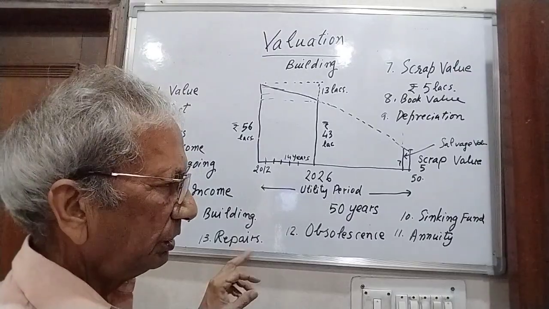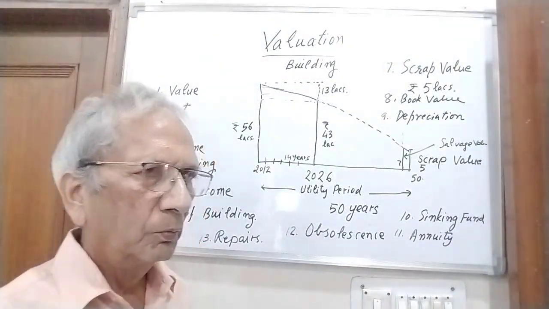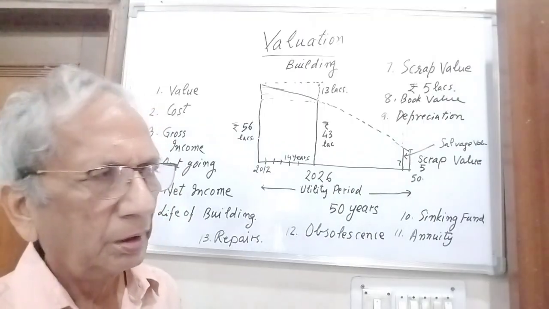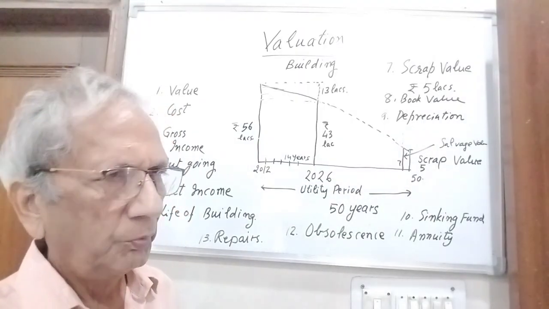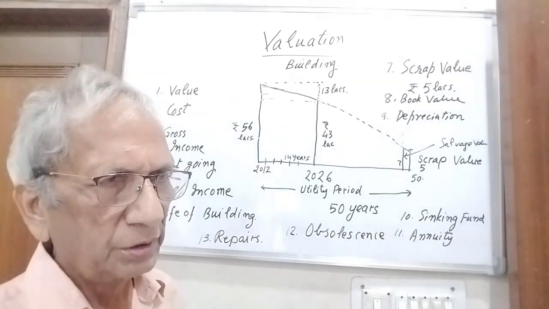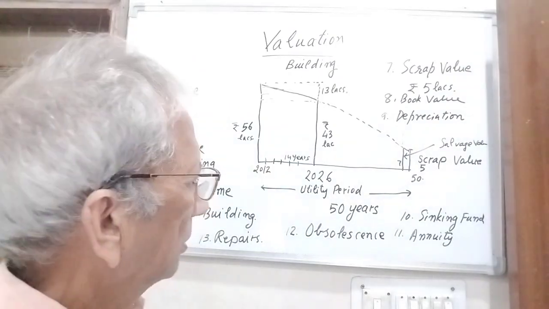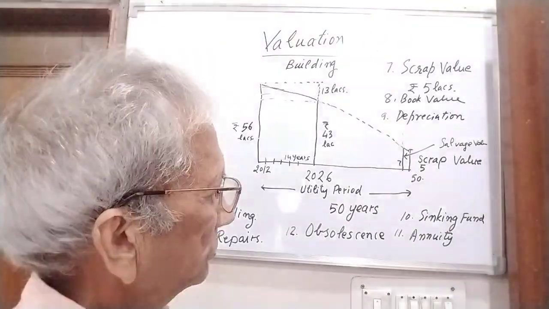Repair is necessary of the building, otherwise wear and tear will be there and people will not like the building when there are cracks or whitewash has been not done, color has been not done. Therefore, repair is necessary.